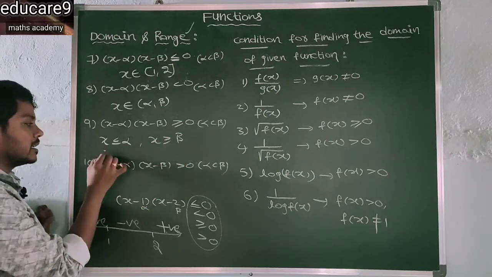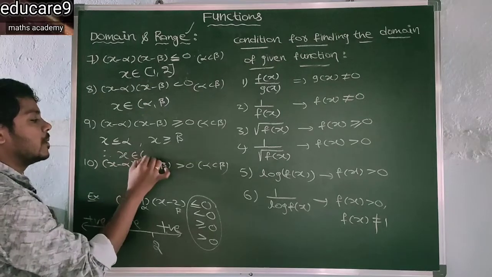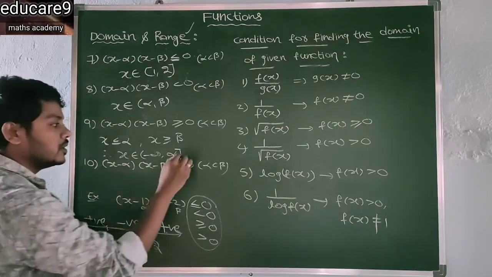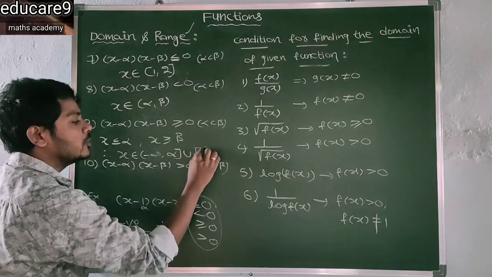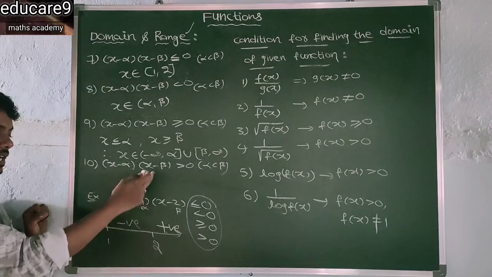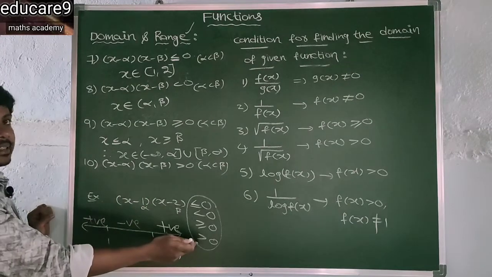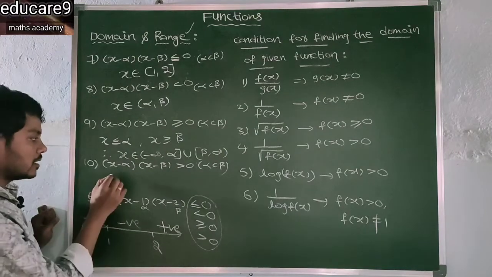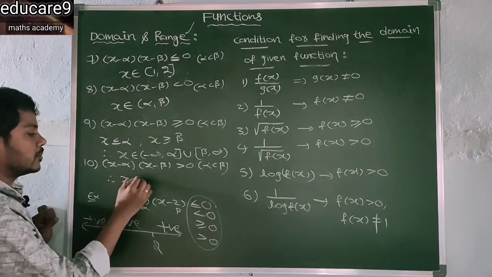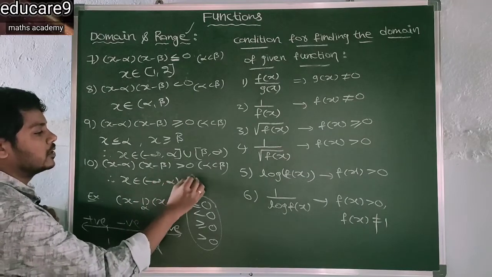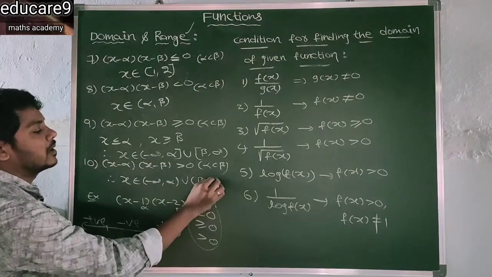That means x belongs to minus infinity comma alpha closed, union, beta comma infinity closed. Now the last one, only greater than 0. So in place of closed brackets, write open brackets. Therefore x belongs to minus infinity comma alpha open, union, beta comma infinity.